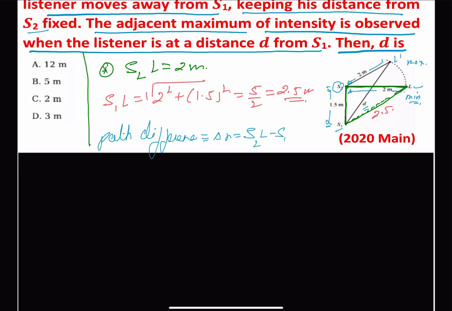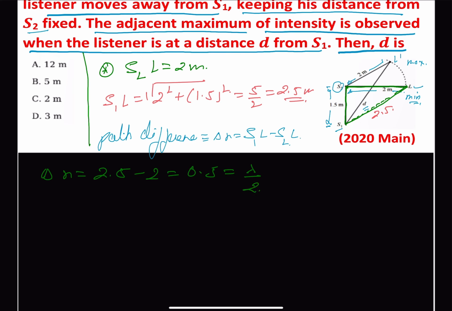So we have delta x equal to 2.5 minus 2, which comes as 0.5, and for the position of L, this should be equal to lambda by 2.